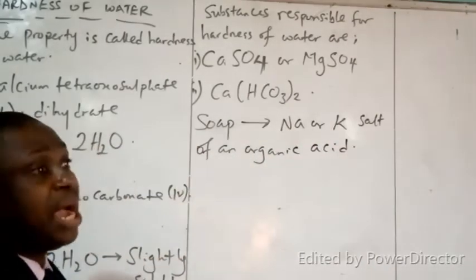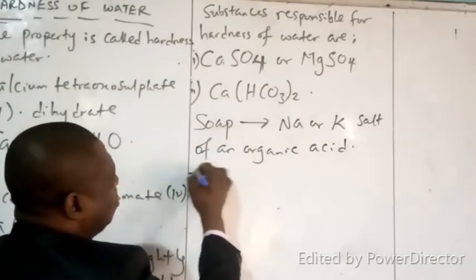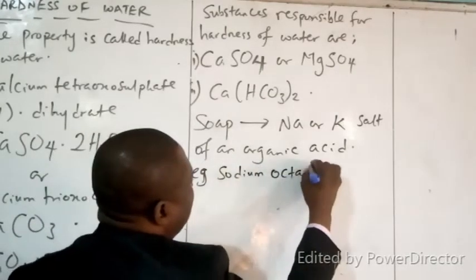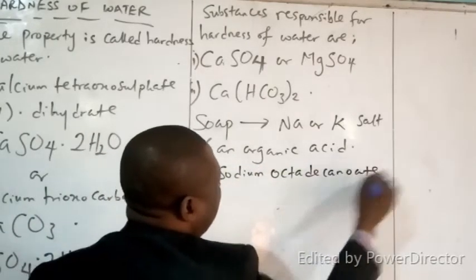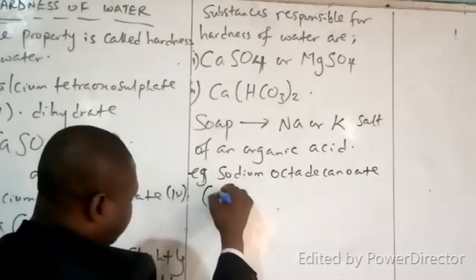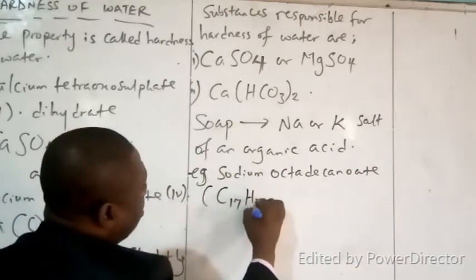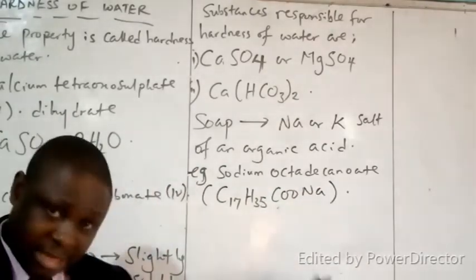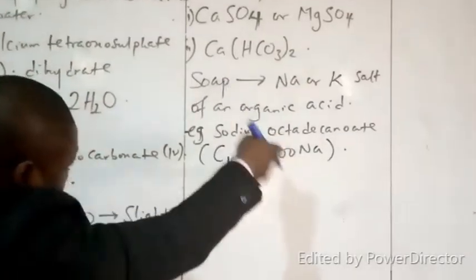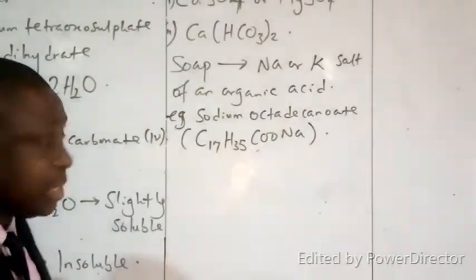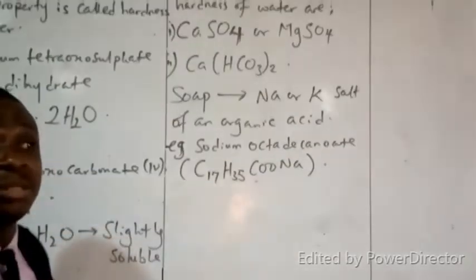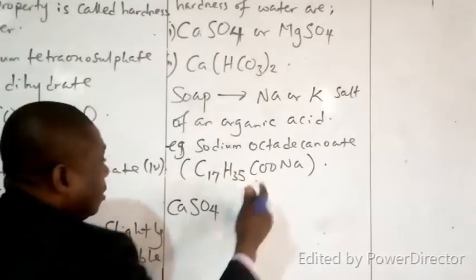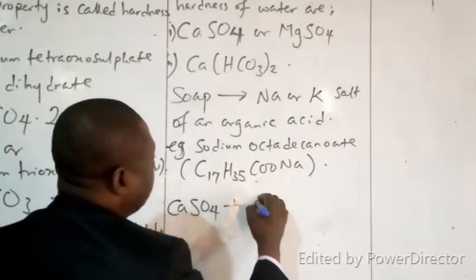An example of that soap is sodium octadecanoate. It's a complex compound, so that's the chemical formula. Now, if you decide to add it to your water containing any of these substances, this is what will happen.